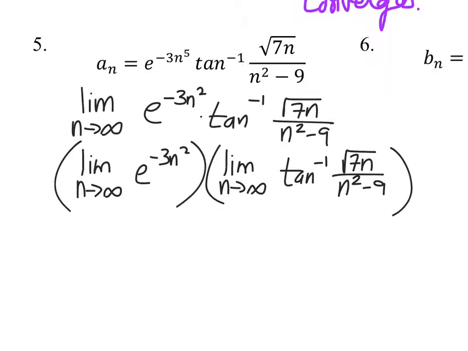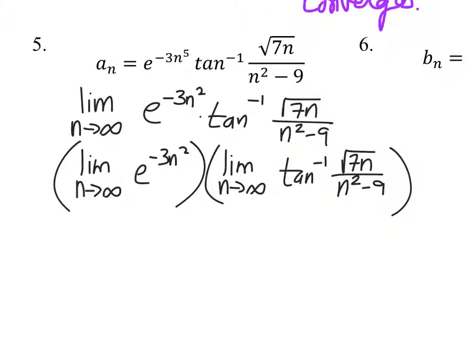All right. Now, focusing on this one, you could actually figure it out. I mean, you can go through the process. It's not terrible, but it would be a complete waste of time.